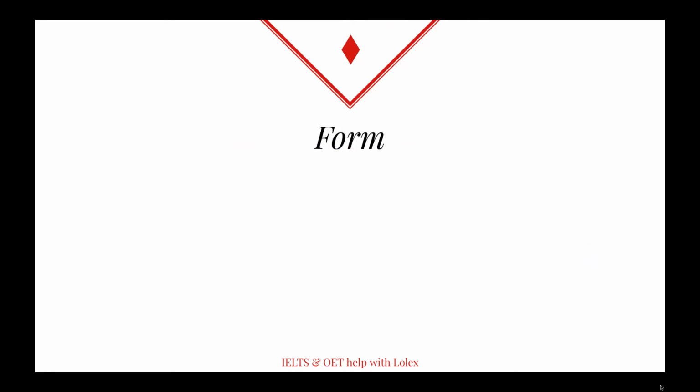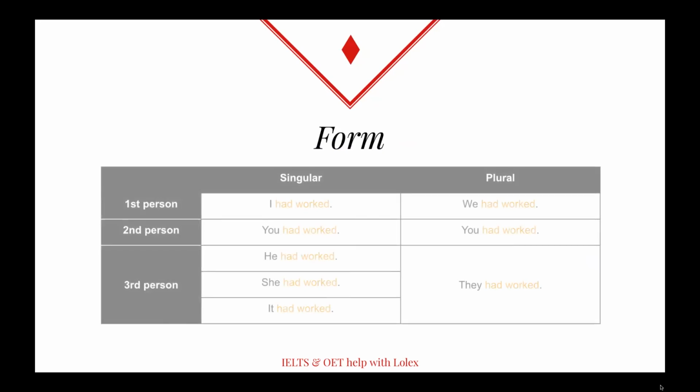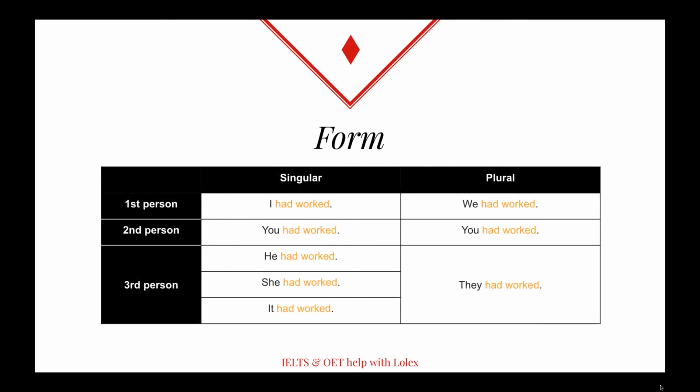Forming the past perfect is easy. As shown in the given table, we use had, which is the past form of the helping verb have, and the perfect form of the main verb. So in the case of the verb to work, in the first person singular, we have I had worked.